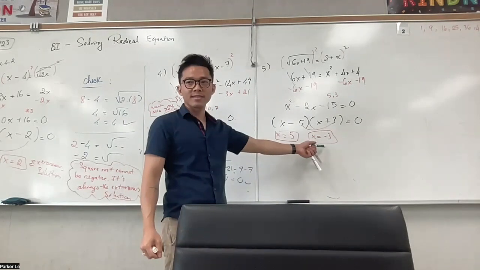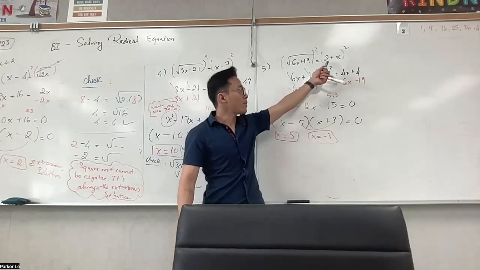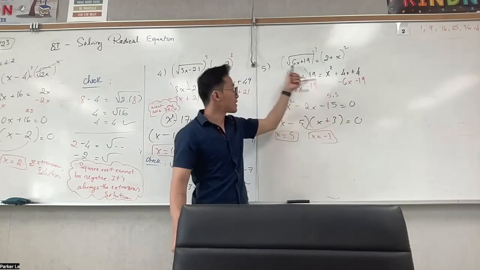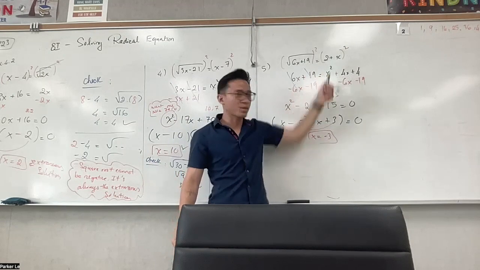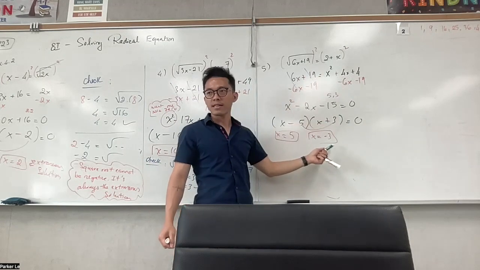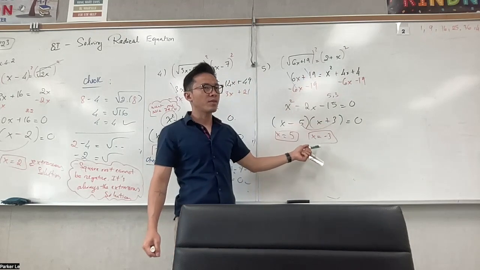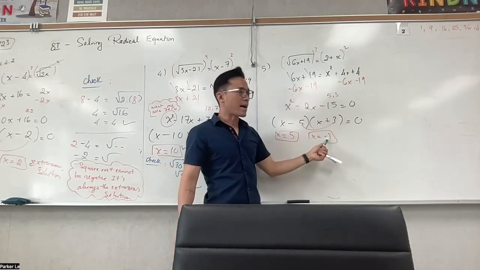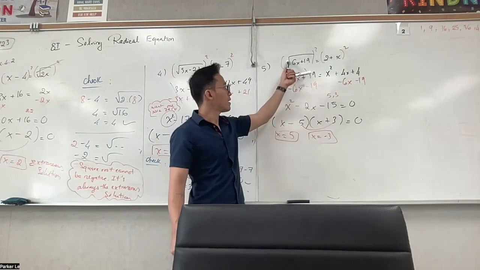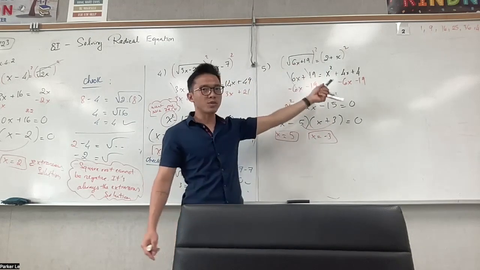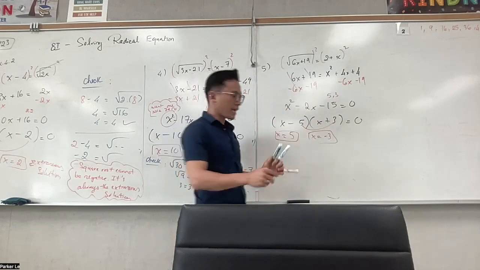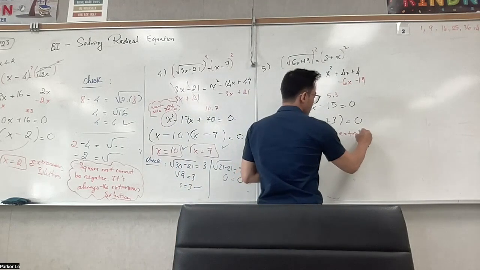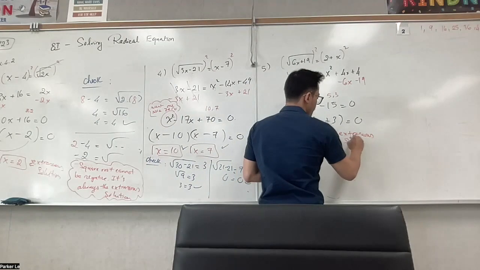When you plug it in here, what do you have on the right side? 2 minus 3 is negative 1. So the square root is equal to negative. You don't even need to compute it. The radical equal to a negative cannot happen. So this is going to be an extraneous solution.